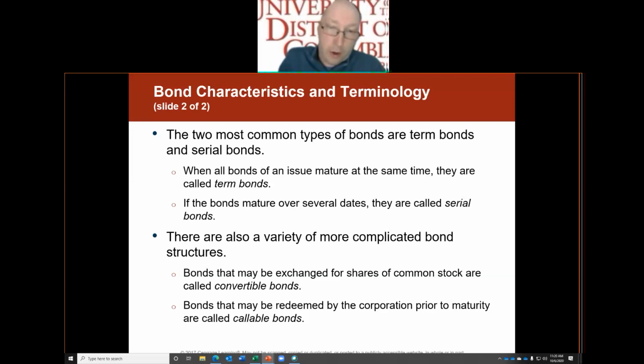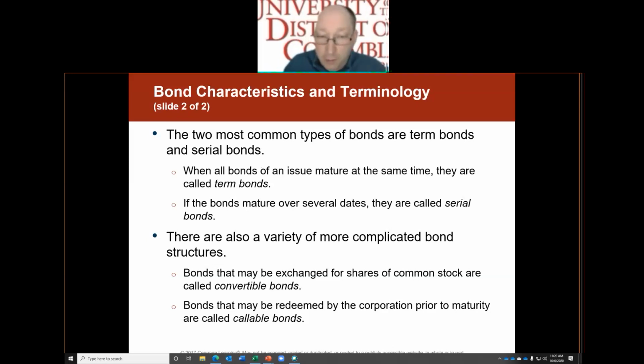There are also other more complicated bond structures that we'll just talk about, but we won't be too terribly concerned about calculating them. One is called a convertible bond. A convertible bond means that the bond can be converted or exchanged into shares of common stock.